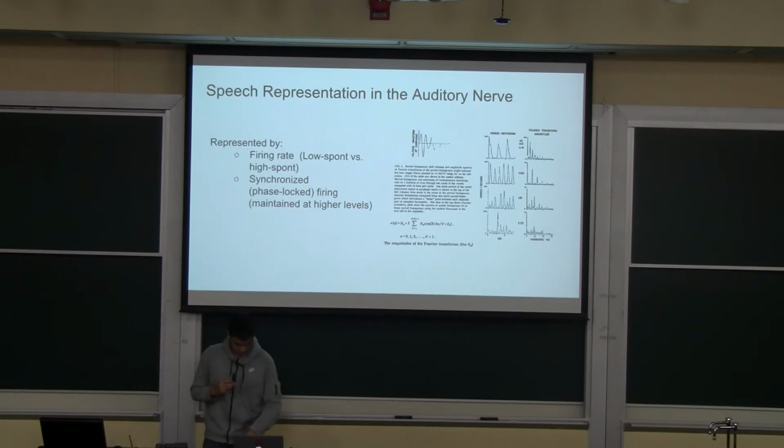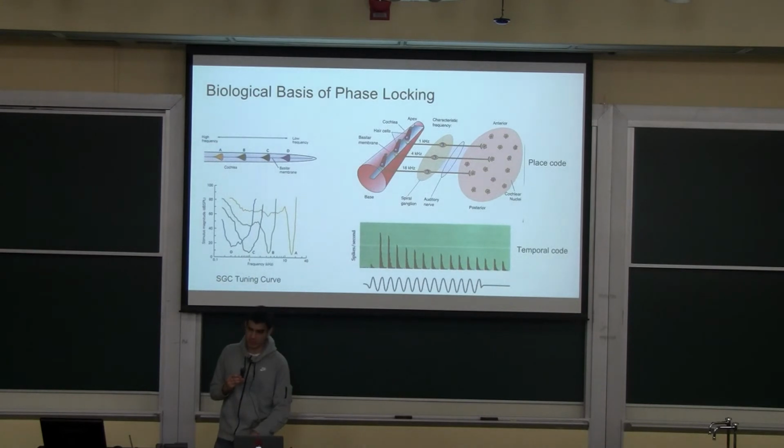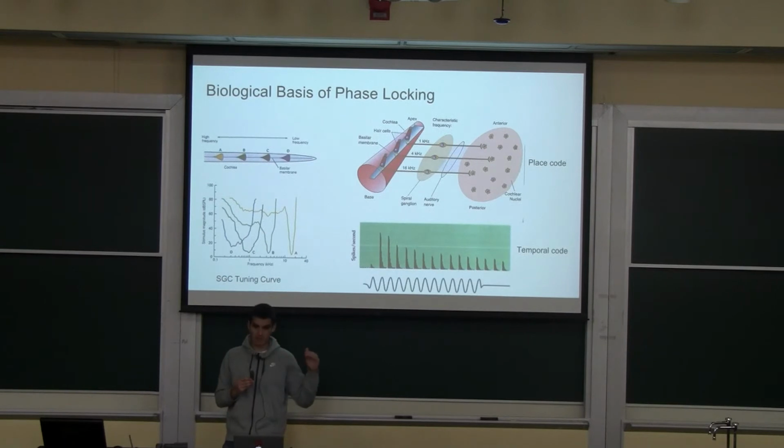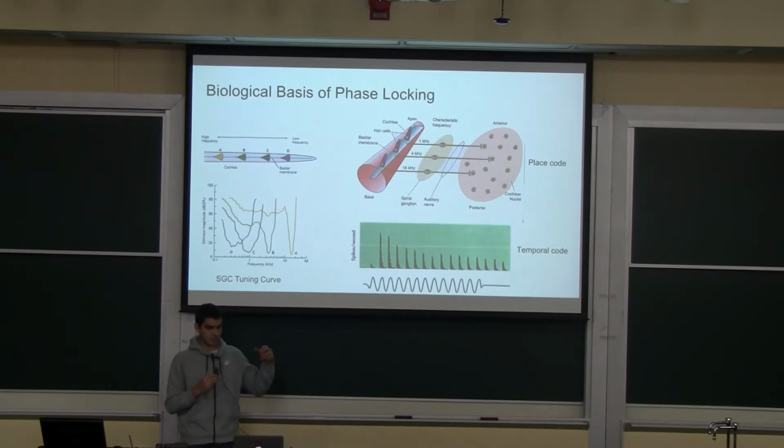Okay, so this is a slide that we didn't strictly cover, but I added it because I think it's important to understand the biological basis of phase locking. So what do we talk about when we talk about phase locking? Along the basilar membrane in the cochlea, we have this tonotopic map from high frequency to low frequency, and different populations of hair cells are along that basilar membrane.